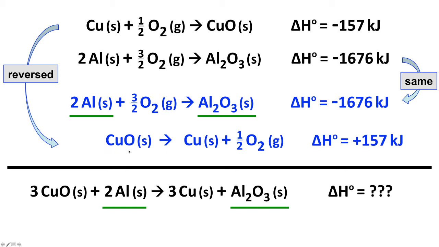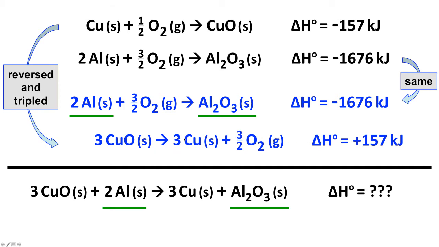Well, now we've got copper oxide as a reactant, which we want, copper as a product, which we want, but we need 3 copper oxides and 3 coppers, and we only have 1 in our reversed equation. Well, we can fix that by also tripling that equation. And if we triple it, we have 3 copper oxides makes 3 coppers plus 3/2 O2.